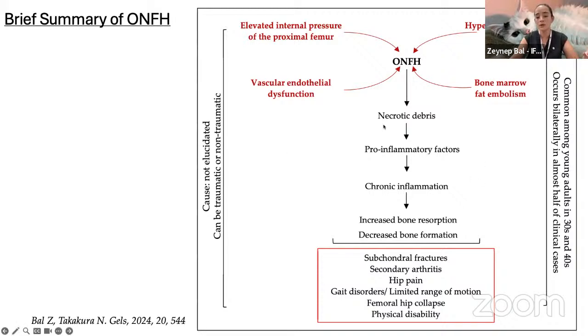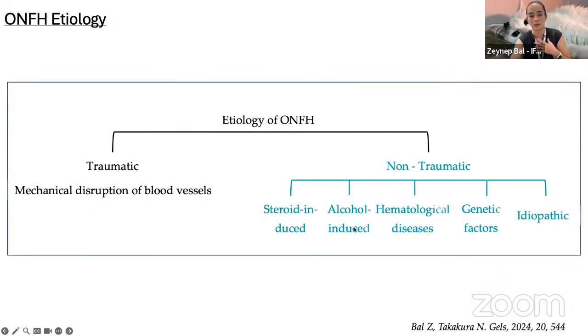There were already pro-inflammatory factors released by macrophages, so it becomes a positive feedback loop that ends up with chronic inflammation, increased bone resorption, decreased bone formation, femoral head collapse, and physical disability. It is generally seen between the 30s and 50s. We are so young to have it, I think.